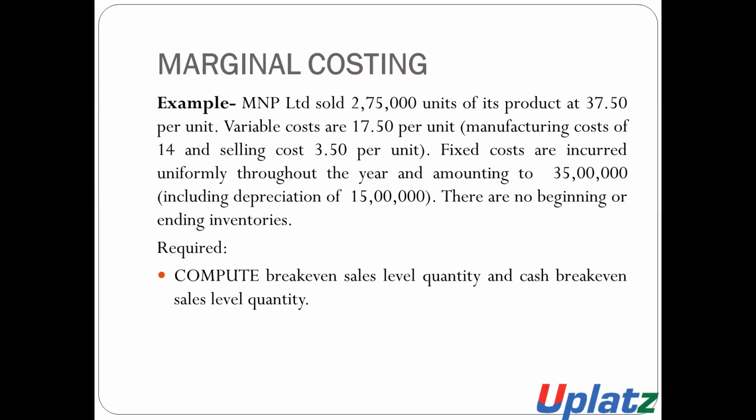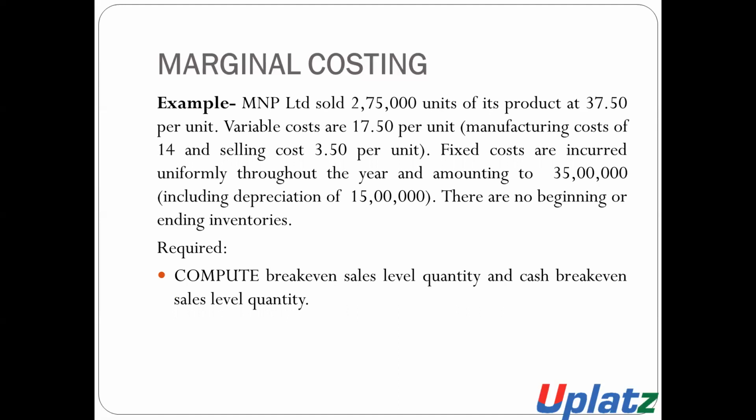The fixed costs are incurred uniformly throughout the year, and the amount of fixed cost is 35 lakh, which includes 15 lakh as depreciation. There is no beginning and ending inventory.